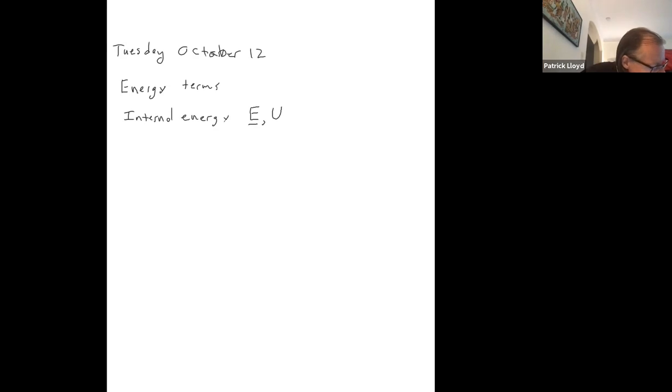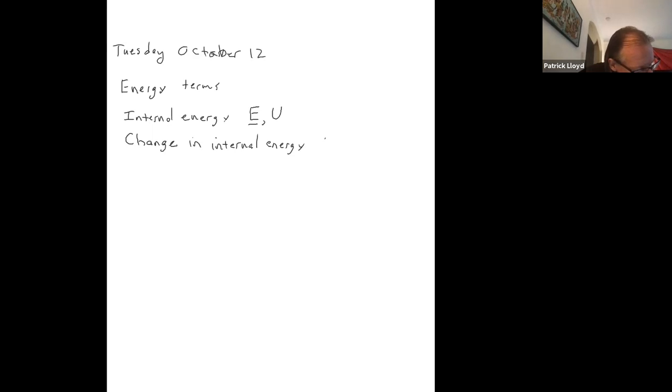Now, what we're interested in under most circumstances is the change in internal energy. Not the actual value of the energy, but the changes that occur: how much energy comes in, how much energy goes out.